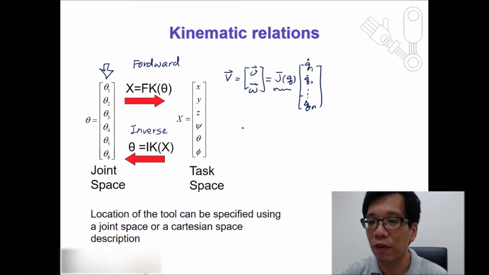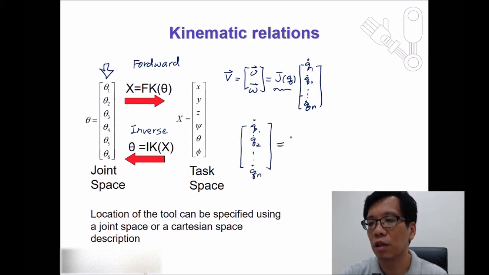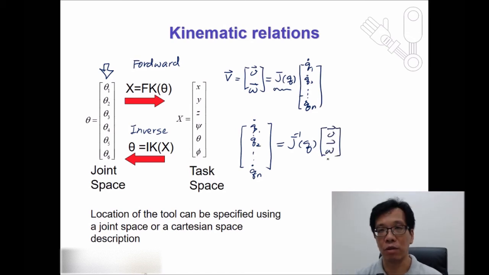So if we try to find out those things, we actually use this matrix inverse to find out the same information. Of course, there are some restrictions here. We're going to talk about those later.